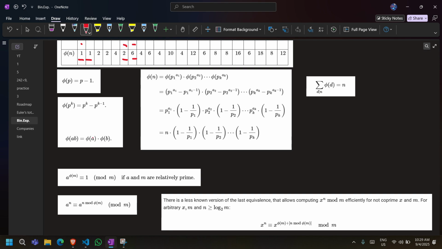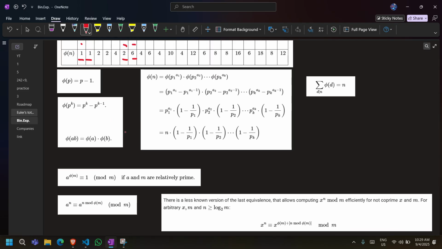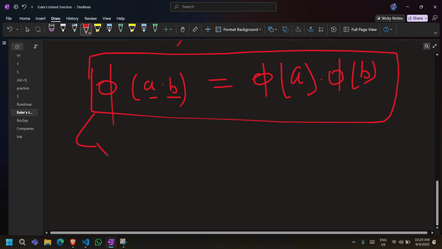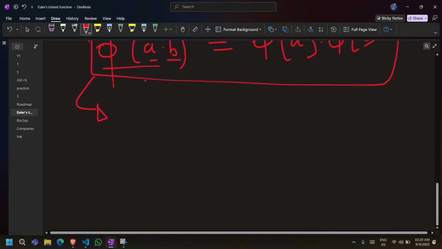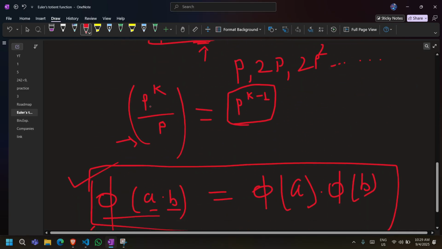There is a more general version of this when a and b are not co-prime, but we don't use that too much. Now you have to remember these properties; these are very useful.